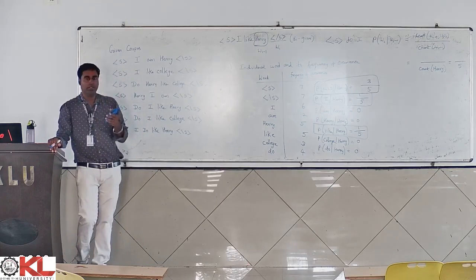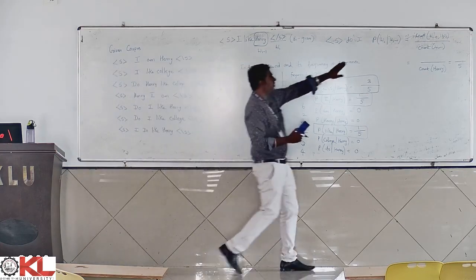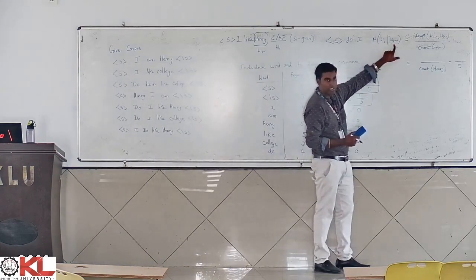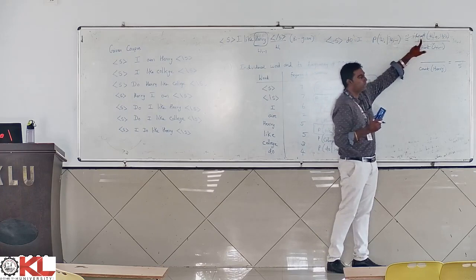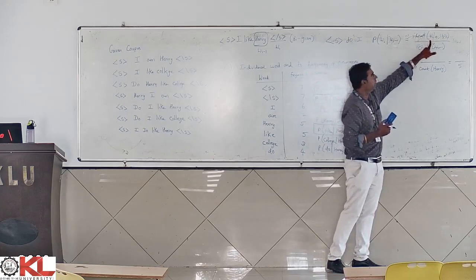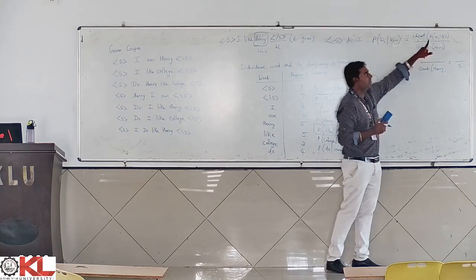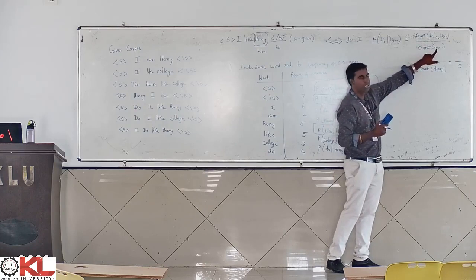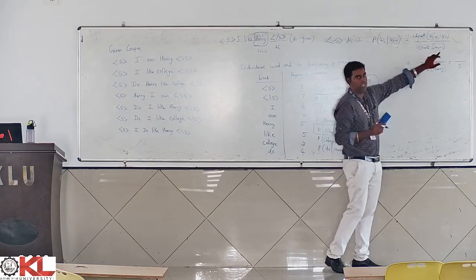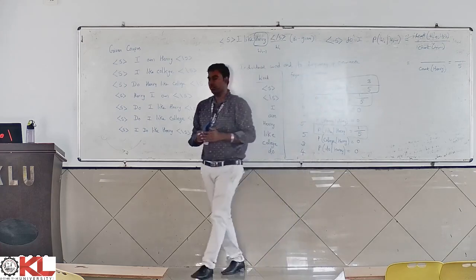That is maximum likelihood estimation: P of W of I, given the previous word W of I minus 1, because bigram takes only one previous word as history, equals the probability of occurrence of W of I minus 1 and W of I, or otherwise the count of, divided by the count of the previous word. So this is the bigram model.